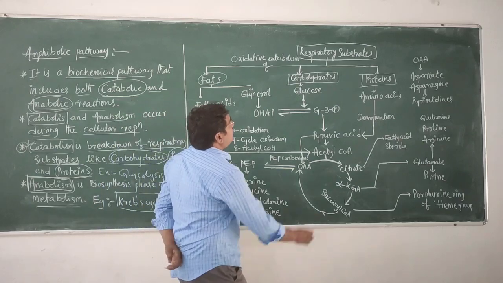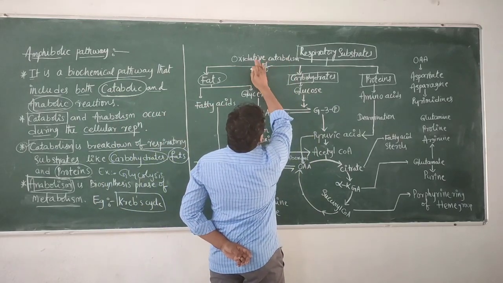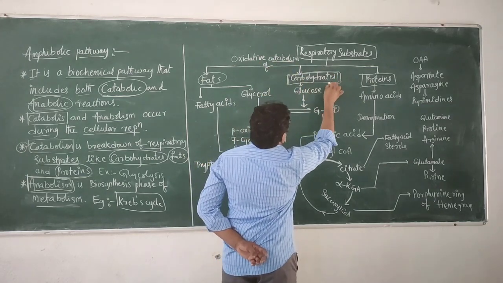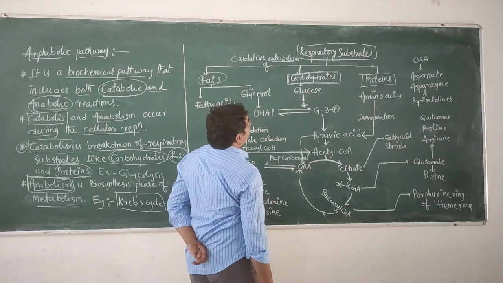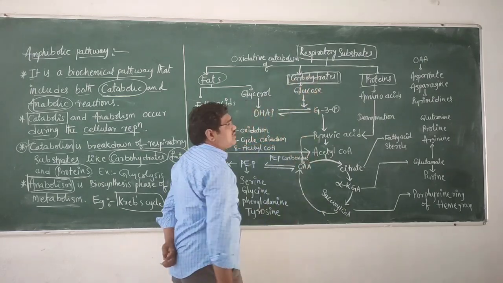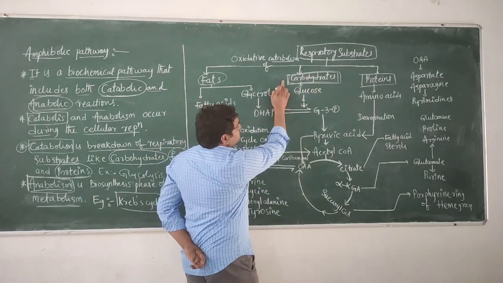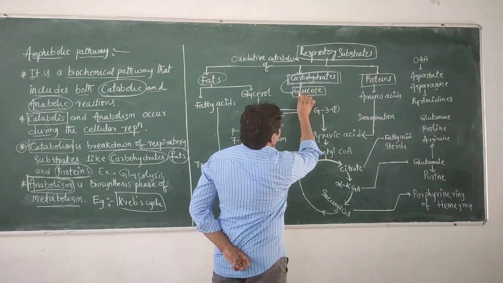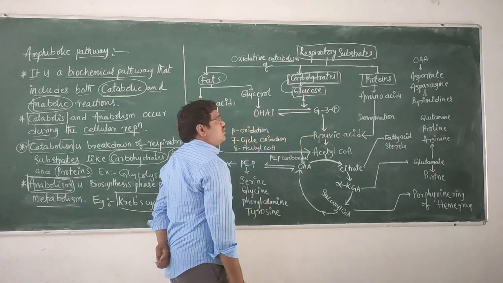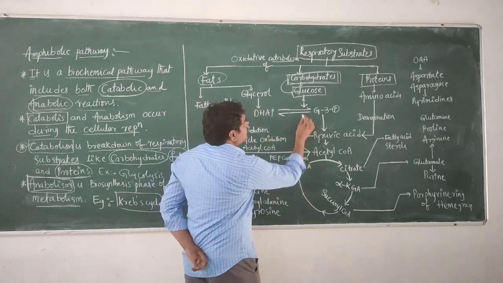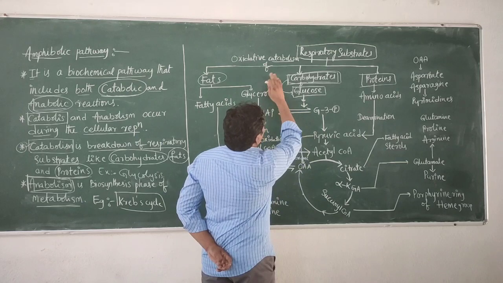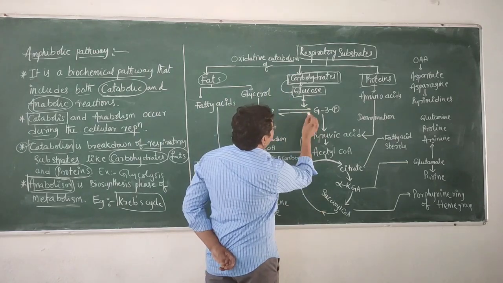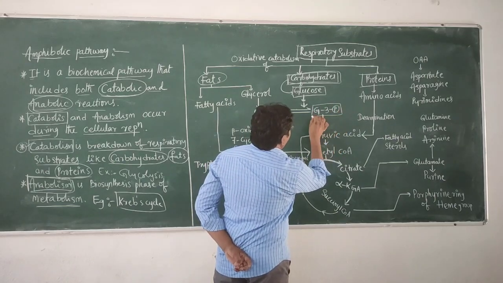Now, during the oxidative catabolism of carbohydrates, the complex carbohydrates are converted into a simpler molecule called glucose. Glucose undergoes the oxidation process to form glyceraldehyde 3-phosphate.